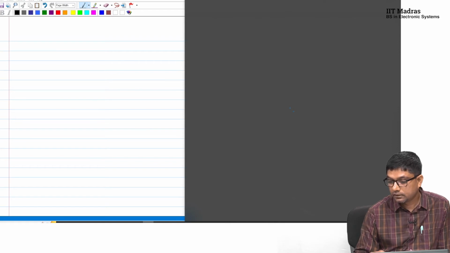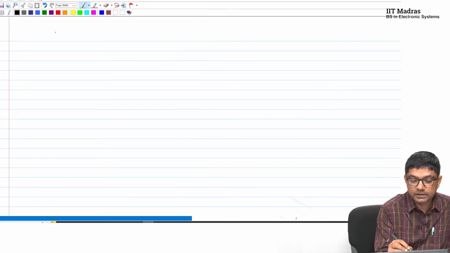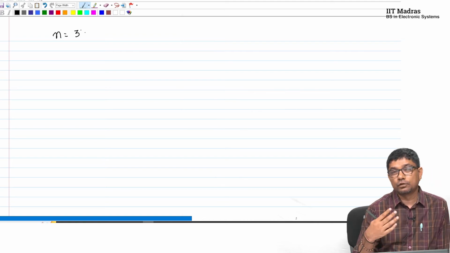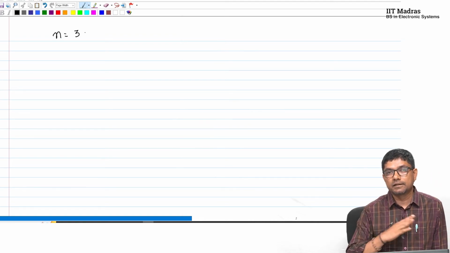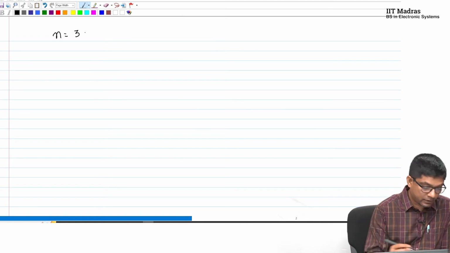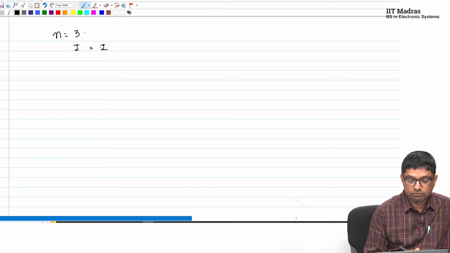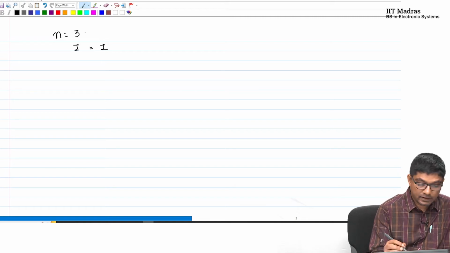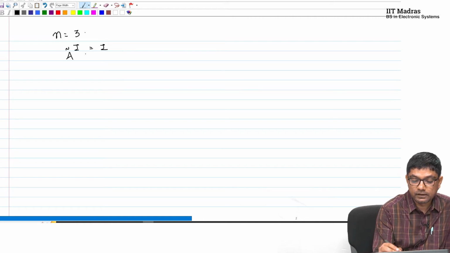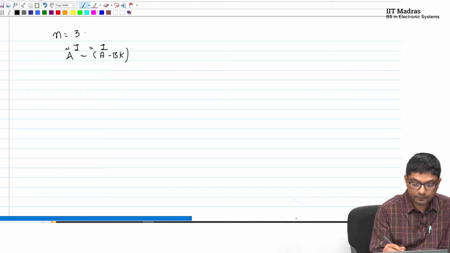For simplicity, I assume that n equal to 3, even though the formula that we will derive at the end is valid for all n. Just take the 3 cross 3 identity. Then I have A tilde is A minus bk.